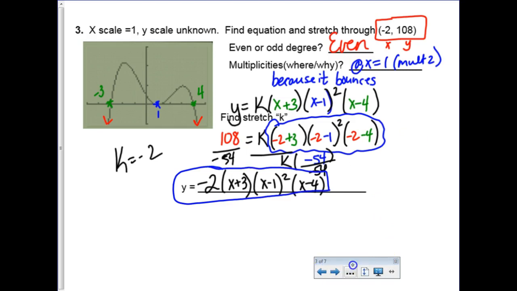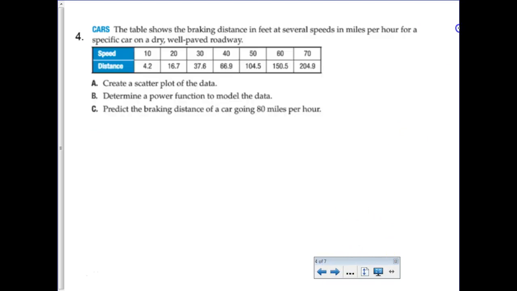Sorry. Alright, moving back to this question. So I'm not actually going to do this one, and I think these data points are gone. I think we deleted these to make the problem a little different than a previous problem we saw. So what you're going to have to do is enter this data into list 1 and list 2, get your calculator set up properly. When you look at your scatter plot, it looks something like this.